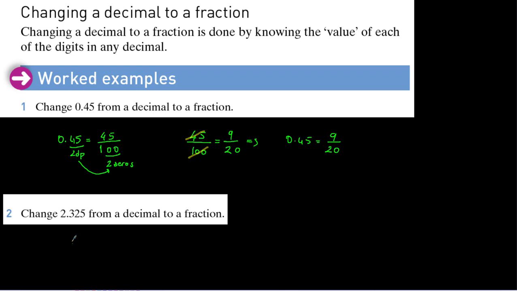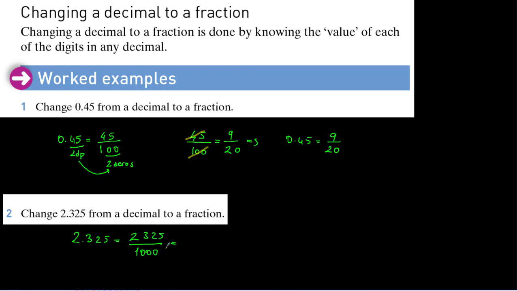And we have the same case here, 2.325, which means 2.325 should be equal to 2325 divided by 1000. Why 1000? Again I'm going to mention that: if there are 3 decimal places here, there should be 3 zeros here.